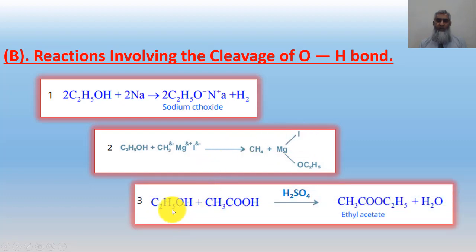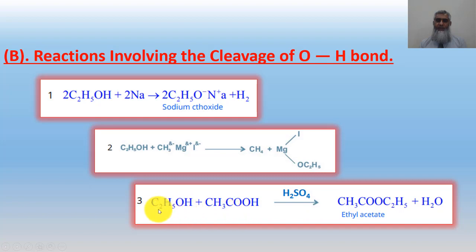Number 3, ethyl alcohol on reaction with acetic acid in presence of concentrated sulfuric acid or any mineral acid producing its salt, ethyl acetate. These types of reactions are also known as esterification reactions. Esters are produced by reacting organic compound alcohols with organic acids, producing some different salts called esters.